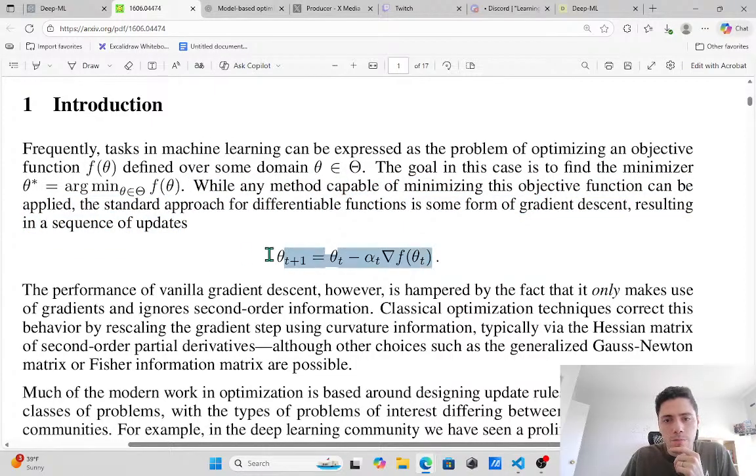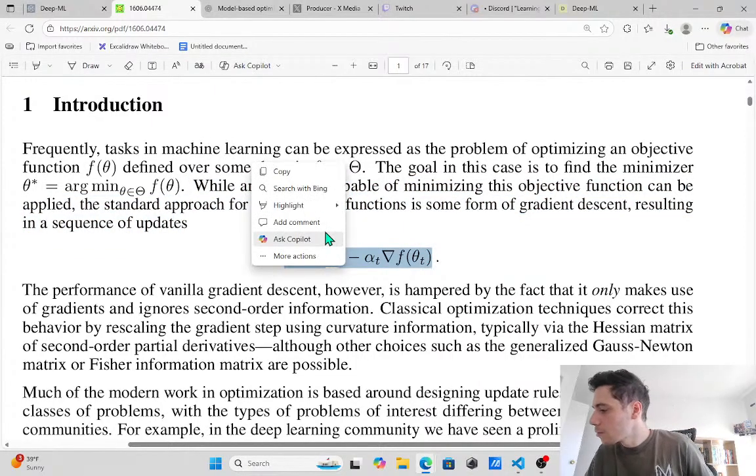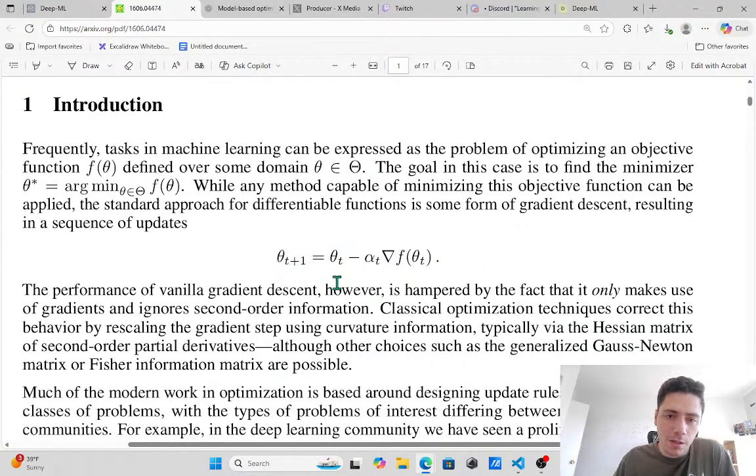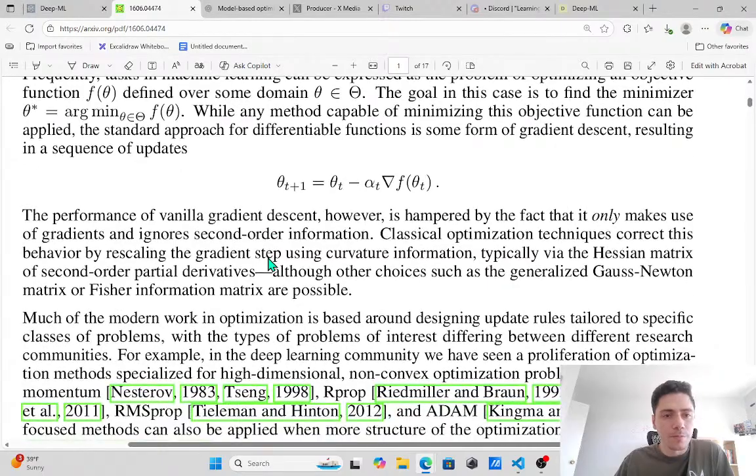So this is pretty much gradient descent. Basically, we take the old weights minus the learning rate times the partial derivative, the gradients we'll call it, with regard to the loss function, and this is how we get our new thetas from vanilla gradient descent.